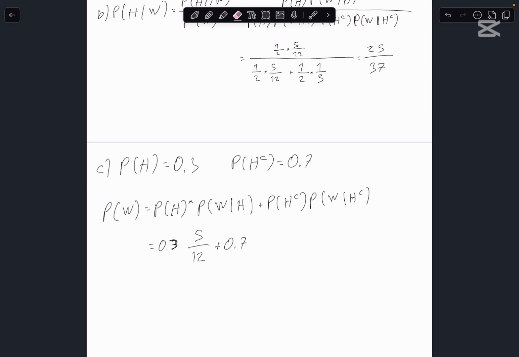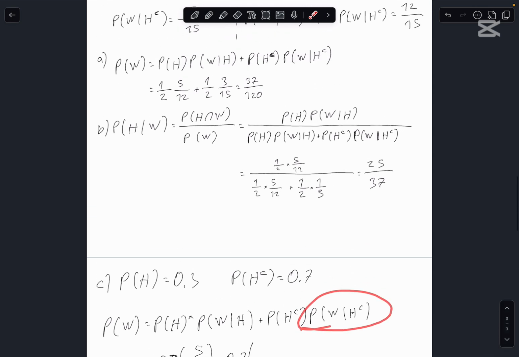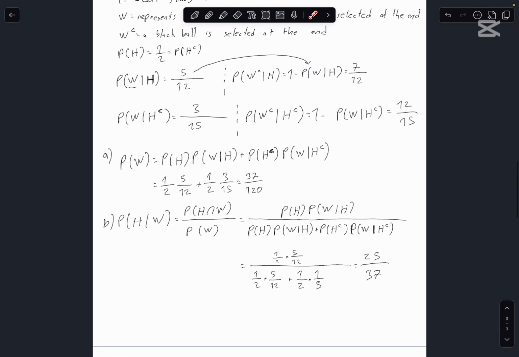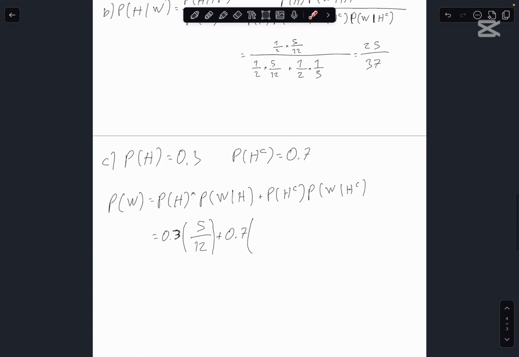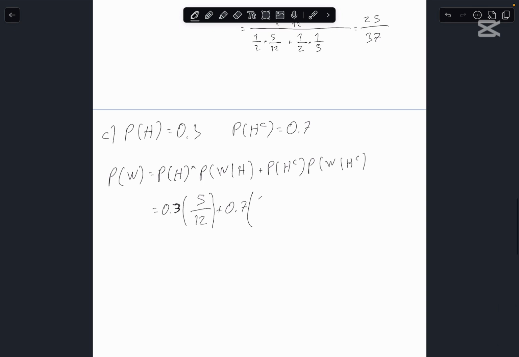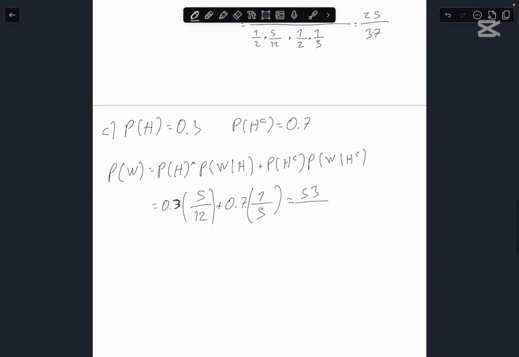Actually, let's write it like this: 0.7 multiplied by the probability of white known that head complement is 3 divided by 15, which is 1 divided by 5, and the answer will be 53 divided by 200.